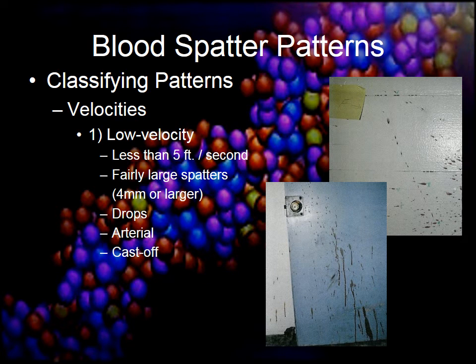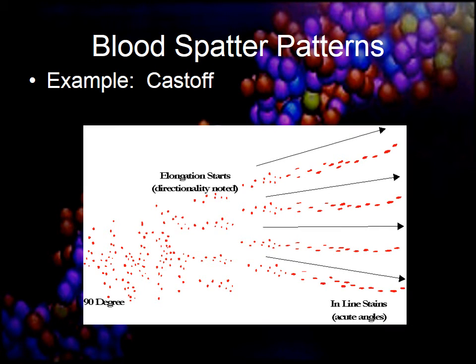Low velocity spatters that we find are at a very low velocity, obviously less than 5 feet per second, fairly large, so the stains are fairly big, 4 millimeters or larger. They are from drops, passive drops, or even arterial projected patterns can be low velocity because the arteries aren't pumping at such an extreme rate as you might find cast off, as well as you might find through other means, and we'll show the other means here in a second.